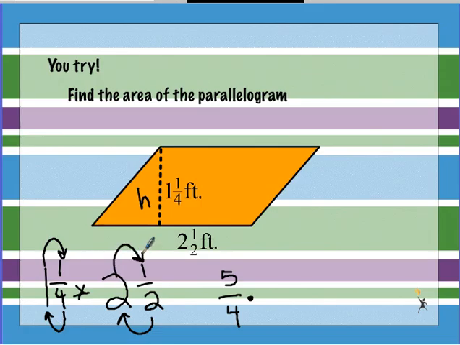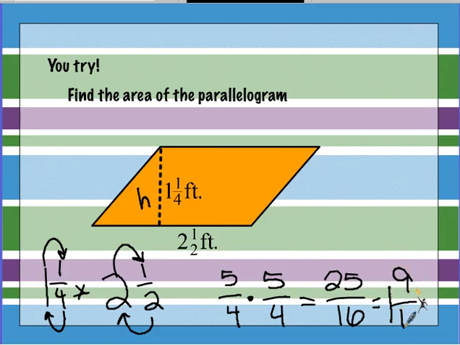So 2 times 2 is 4, plus 1 is 5, times 5/4, which is going to give me 25/16. 16 goes into 25 once, 9/16 left over. So the area of this is 1 9/16 square feet.